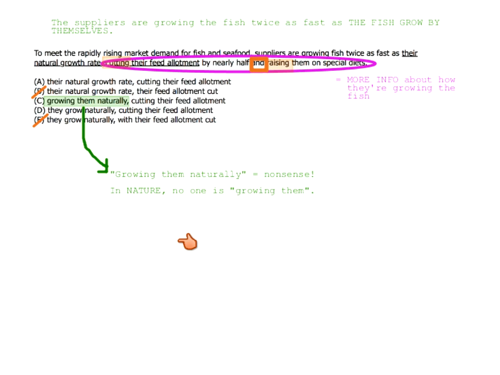Now, let's talk about this. How about this? Two sentences. Here's one. And here's another one.